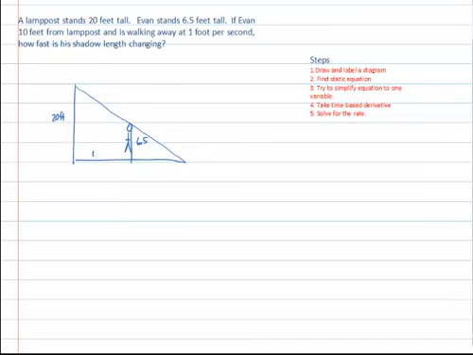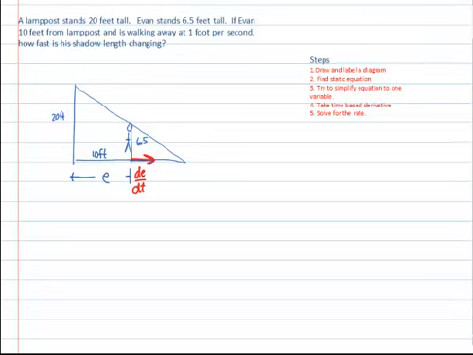So this is 10 feet, and because that's the distance that Evan is standing away from the lamppost, I'm going to label this distance E for Evan, and I'm going to label the rate at which he walks away to be dE dt.